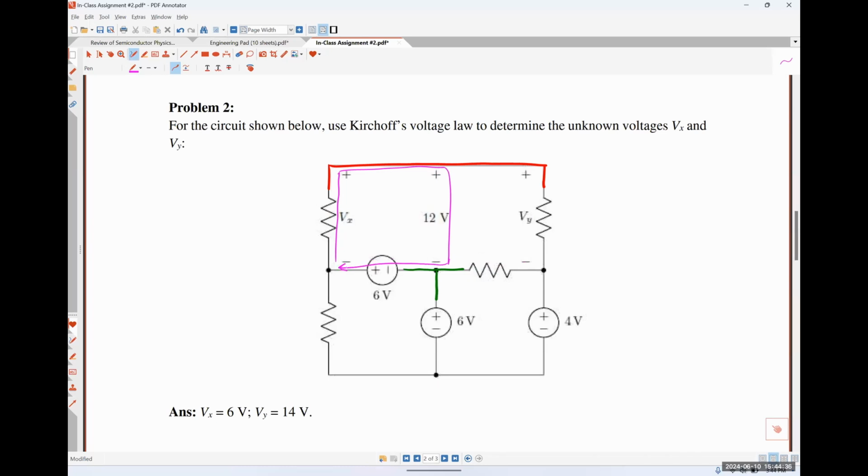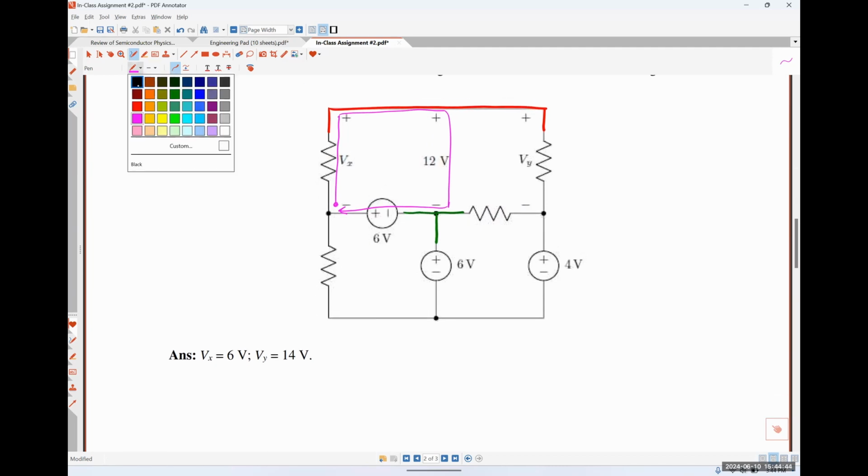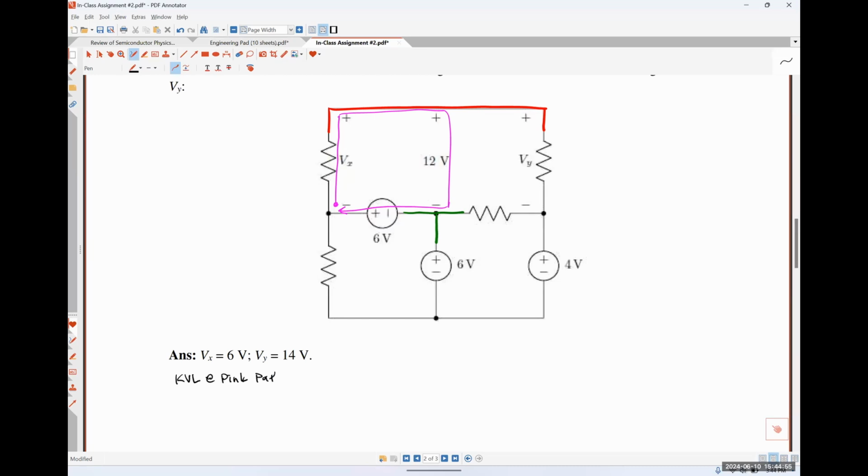Now, the voltage Vx is the only unknown quantity, right? So if we start at the bottom left-hand corner and work our way around in a clockwise path, KVL at the pink path, what would we wind up getting?